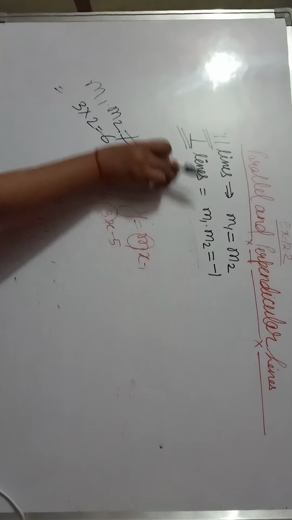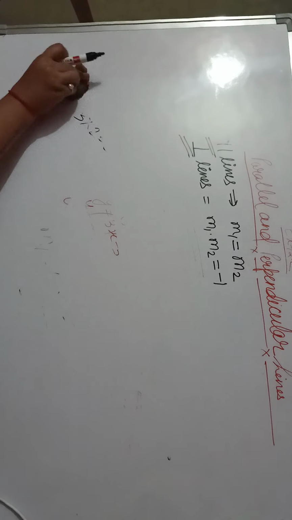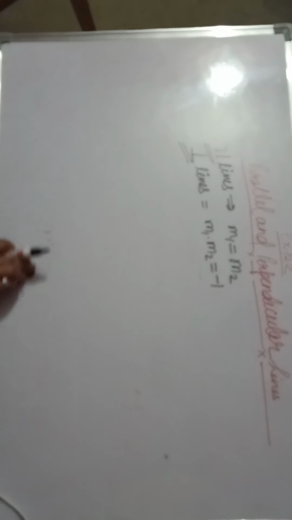This is the second type, I am going to explain. If the lines 3x plus by plus 5 is equal to 0 and ax minus 5y plus 7 is equal to 0 are perpendicular to each other, find the relation connecting a and b.